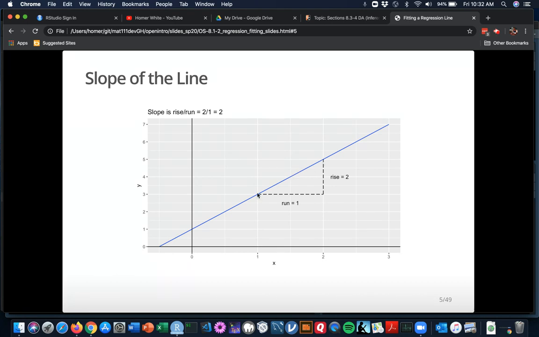So if you start here at the point where x is 1 and y is 3, and you increase x 1 unit to where now x is 2, you're going to have to go up to where y is 5 in order to stay on the line. That rise over run, 2 over 1, is the slope of the line.